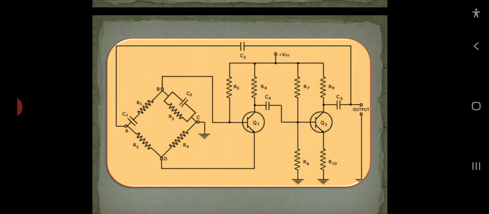A small portion of the output is again fed to the input as per the Barkhausen criterion, as per the selection of these components R1, R2, C1, C2, R3, R4, and it is fed back by this Wien bridge to the input of transistor Q1.